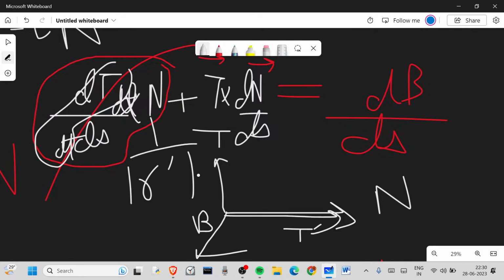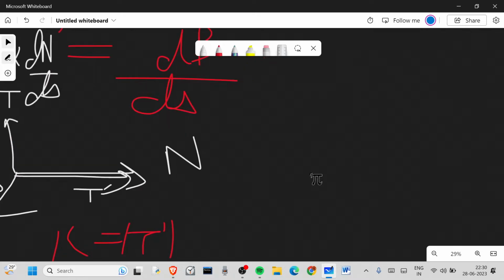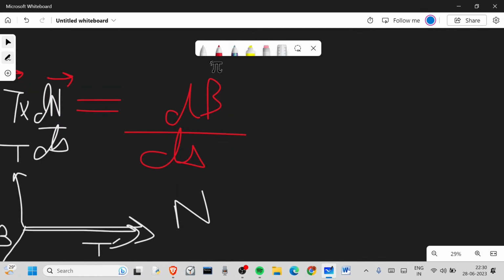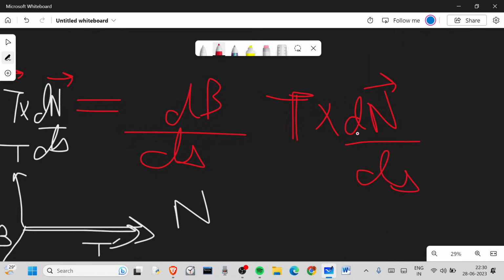So this becomes 0 because a vector crossed with itself is 0. So what we have now is t cross dn by ds. This is dB by ds.